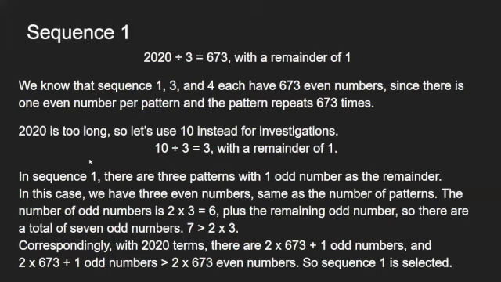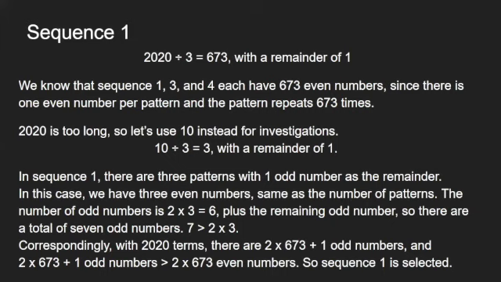So in sequence 1, there are 3 patterns with one odd number as the remainder. So we have 3 even numbers, which is the same amount as the number of patterns. That means the number of odd numbers is 2 times 3, which is 6, because there are 2 odd numbers per pattern and 3 patterns that repeat.